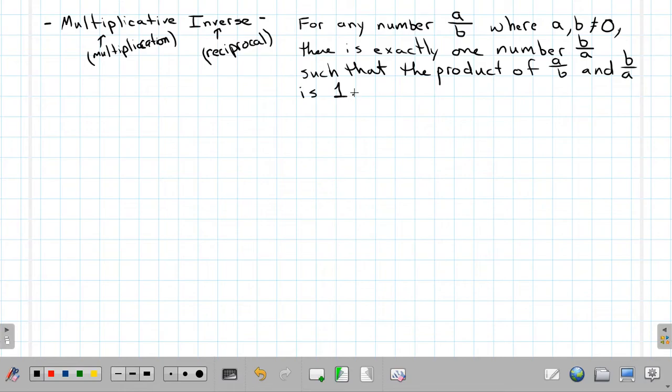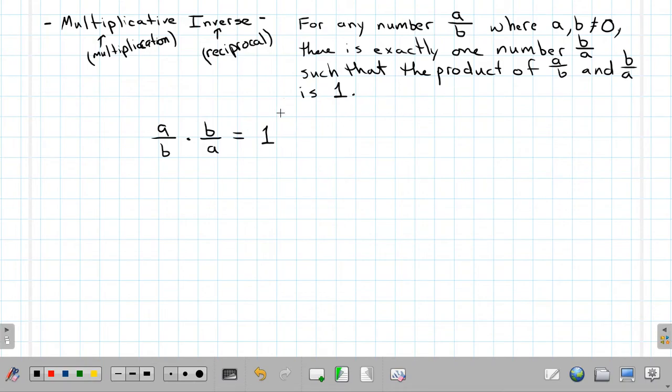Okay, so once again, a lot of stuff going on here. We've introduced fractions in a way here, okay? But another way to say this is, if you have a number and you multiply it by its reciprocal, you're always going to get the number 1. So in this case, a over b times b over a is always going to be equal to 1.